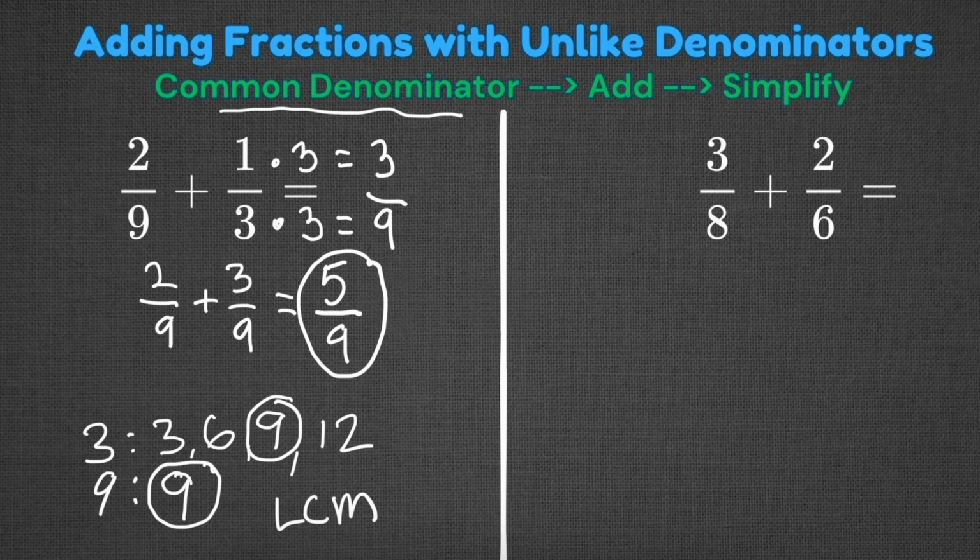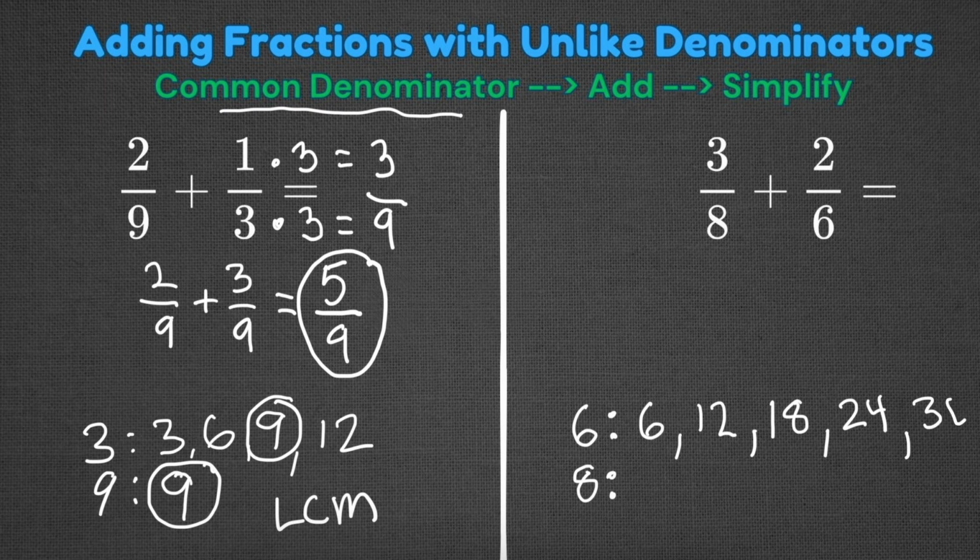Let's go over to the next fraction. We have 3 over 8 plus 2 over 6. I'm going to start the same way as before, where I write down 6 and I write down 8, and I start listing some of their multiples. 6, 12, 6 times 3 is 18, and then 24, and I'll go to 30.